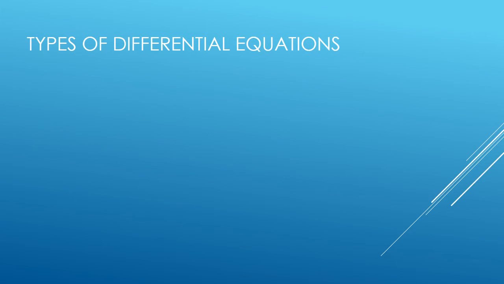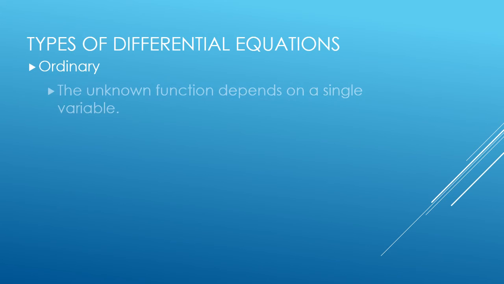All right, so there are different types of differential equations that you will run into. There are ordinary differential equations, where the unknown function depends on a single variable. The population model we talked about earlier is an ordinary differential equation.